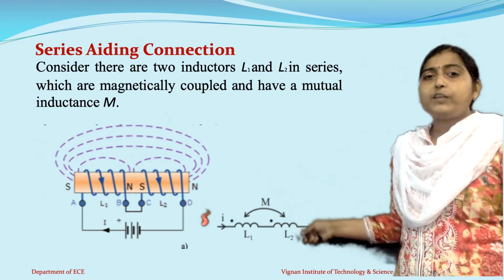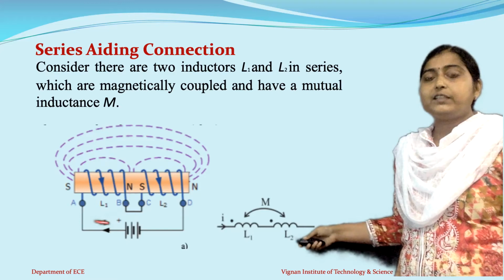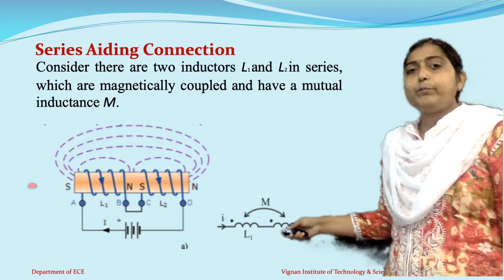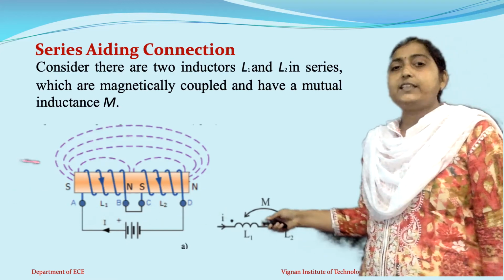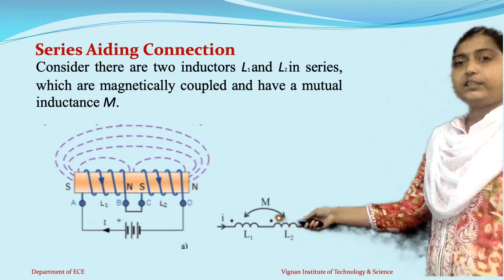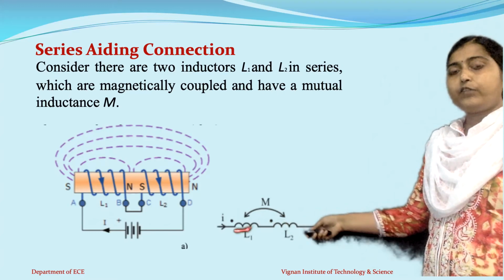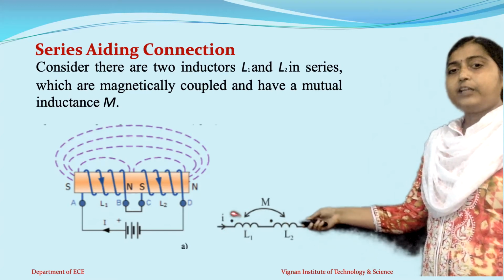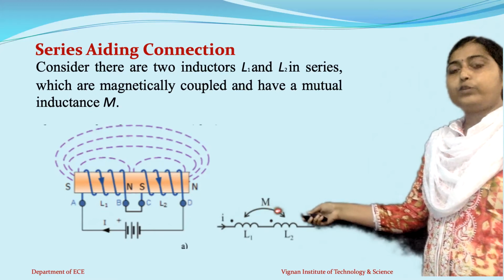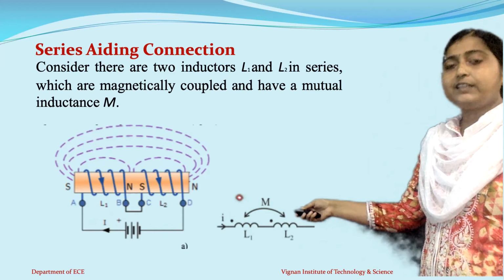Some voltage has been applied and the current flowing is represented as I. In a simplified representation, two inductors L1 and L2 are connected in series with current I, and between L1 and L2 the mutual inductance is represented as M.